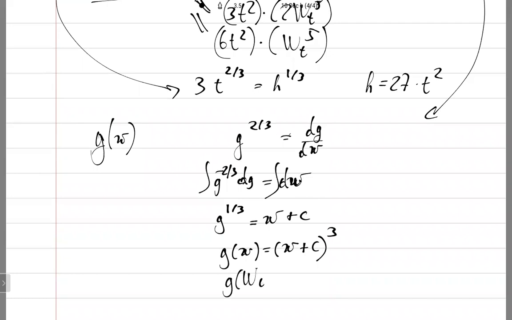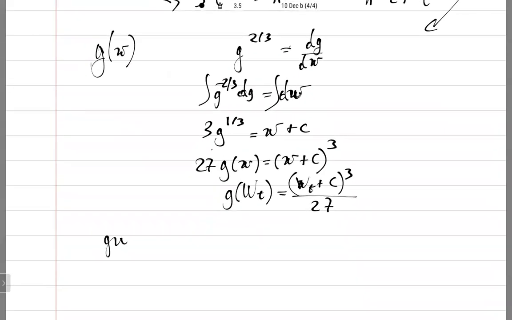Or we need to multiply it by 3? Yeah, you're right, by 3. It's (w plus c) cubed over 27. Yeah, I agree.